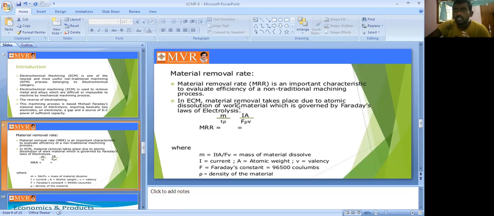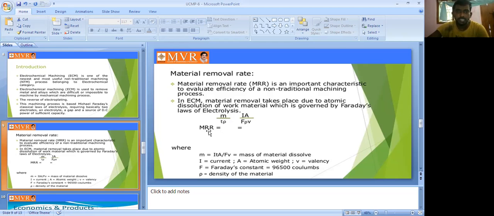For the purpose of evaluating efficiency, they introduced the MRR, material removal rate. In ECM, material removal takes place due to atomic dissolution of the work material, which is governed by Faraday's law of electrolysis. So we have one formula for MRR in ECM.